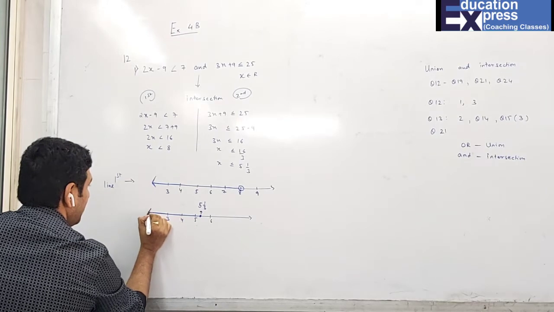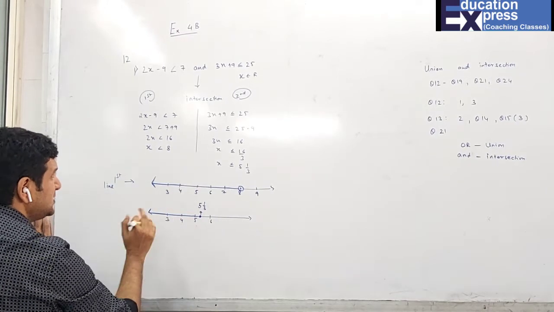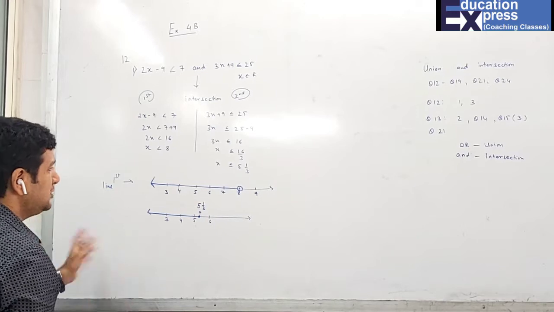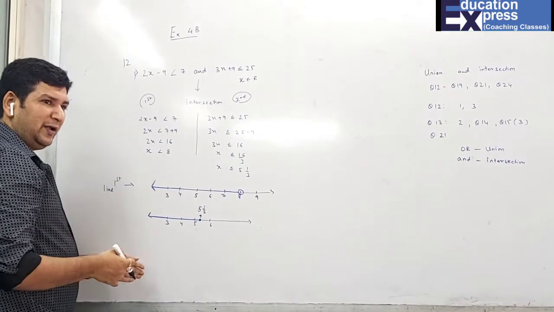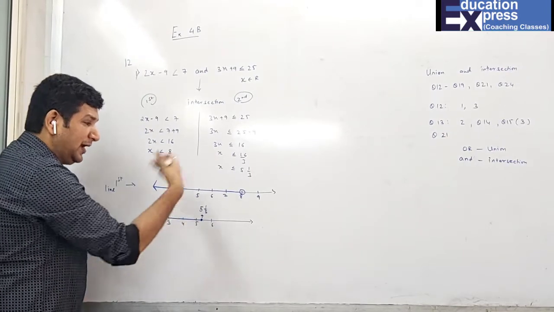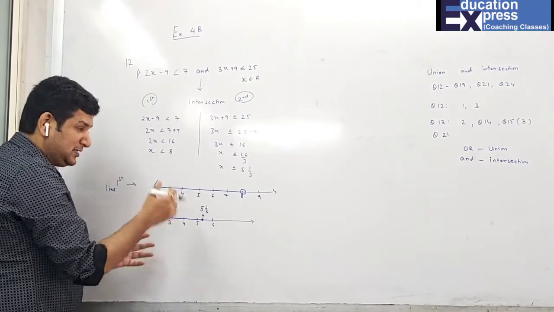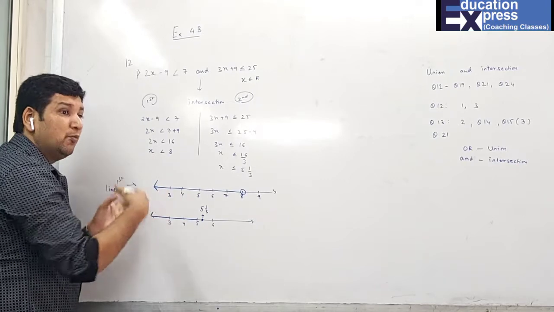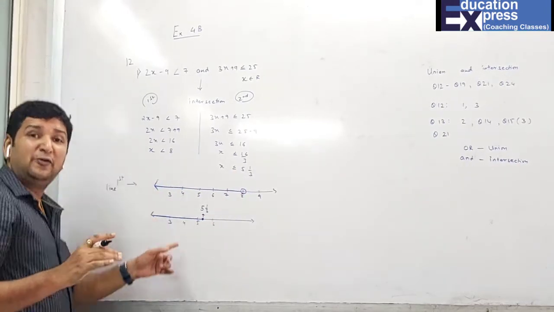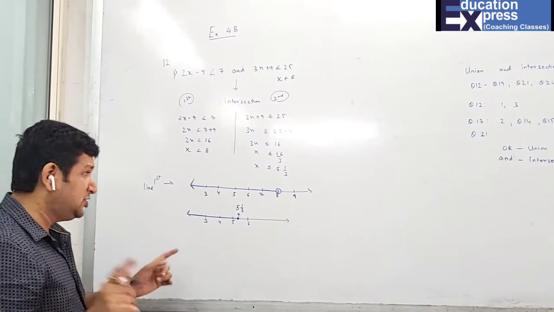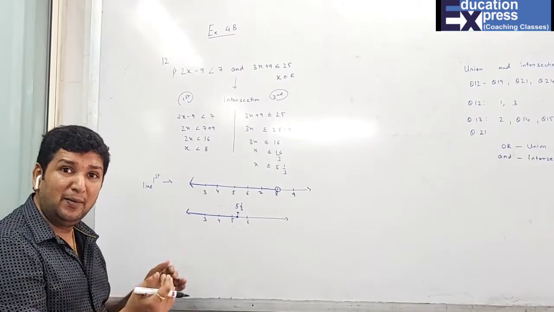And now if I compare this, I want to find the common part. Common means I will take minimum left and minimum right. So on the left hand side both are infinite, that is the same. On the right hand side, which line extends more towards the right is 8. That I don't have to take. This I will take for the union. For intersection I will take the one which is the minimum on the right hand side.